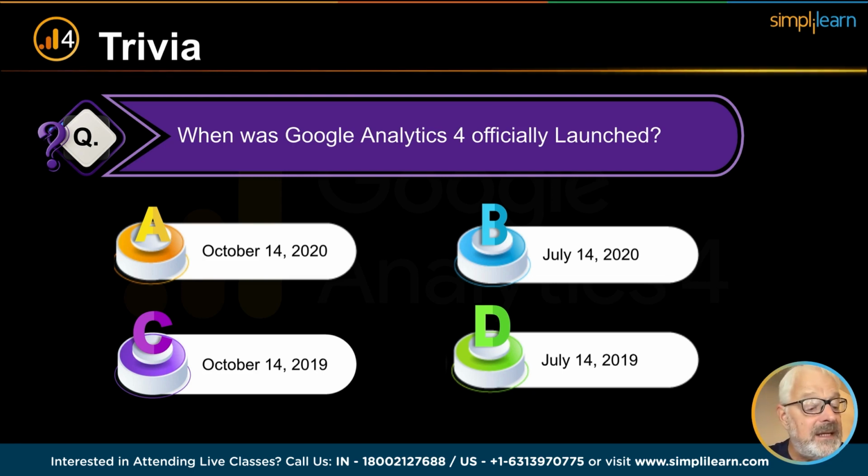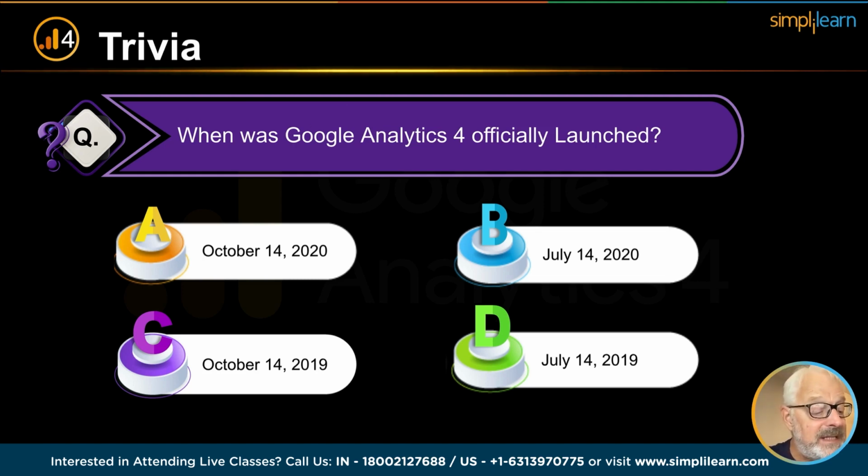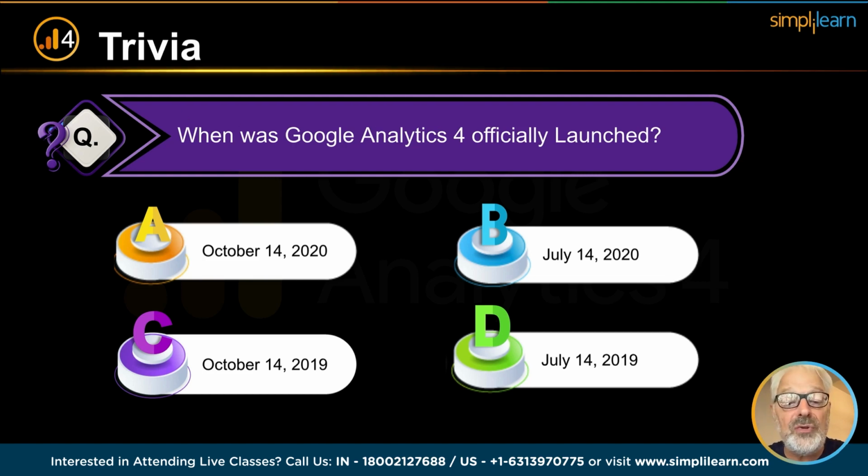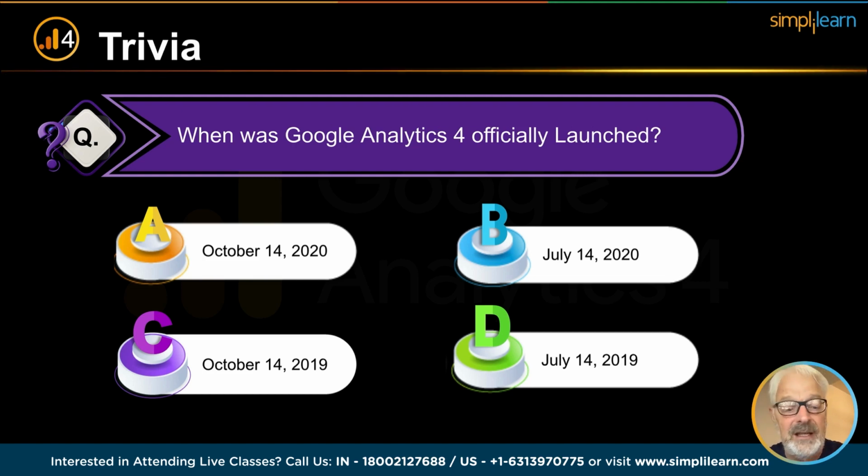In 2019, with the growth in mobile, Google launched Google Analytics App and Web, a new version of analytics that combined web and app tracking into one platform. And then in 2020, Google launched Google Analytics 4, the successor to Universal Analytics, which introduced new features such as predictive analytics, AI-powered insights, and improved privacy control. And to be precise, the launch date was October 14, 2020.